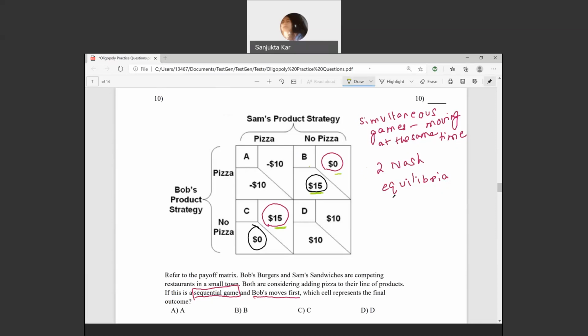Definitely Bob is going to choose cell B because Bob has a profit of $15 compared to cell C, where he has a profit of $0, or no profit at all. So my answer to this game will be B. Remember the key: sequential game and Bob moving first.